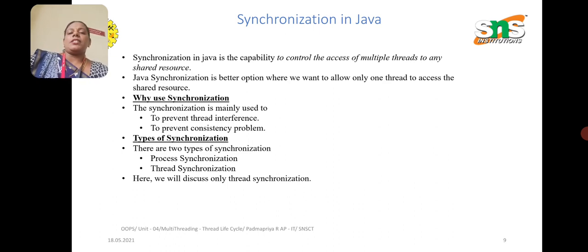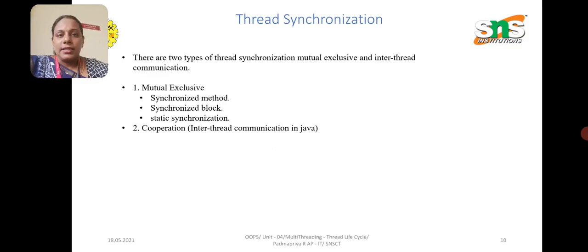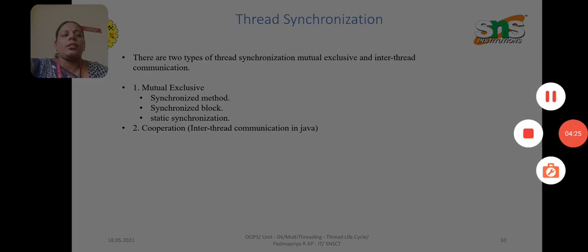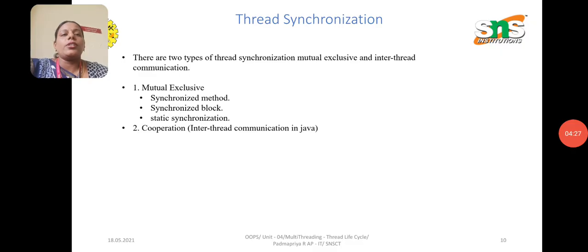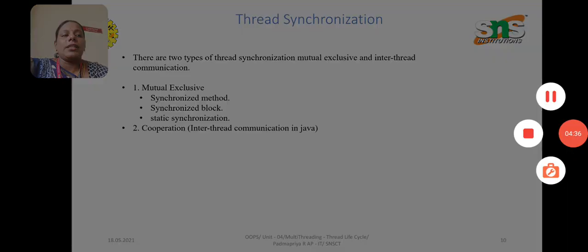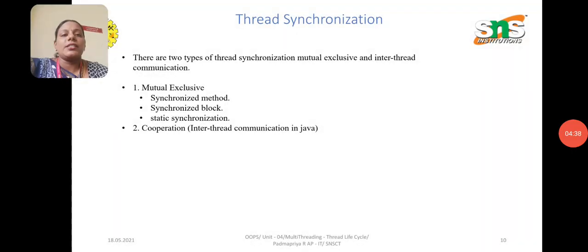Types of synchronization: there are two types, process synchronization and thread synchronization. Here we will discuss only thread synchronization. There are two types of thread synchronization: mutual exclusion and inter-thread communication. Mutual exclusion includes synchronized method, synchronized block, and static synchronization.